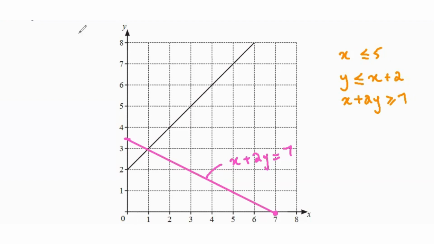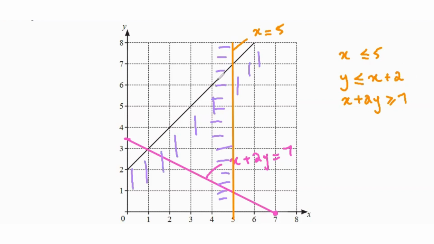Okay. So let's first draw the line for x equals 5, which is going to come over here. Now to shade the region for x less than or equal to 5, that is obviously shaded over here. y is less than or equal to x plus 2, so we look at the y values less than, so it's going to be underneath the graph.